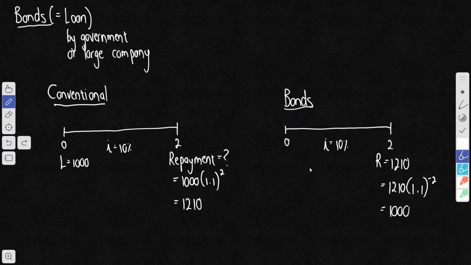In days gone by, you would literally purchase a certificate from government as proof of your rights to receive this repayment. And for this reason, the present value is often called the price of the bond. Of course, nowadays, the certificate is digital and no longer a physical piece of paper, but the concept is exactly the same.